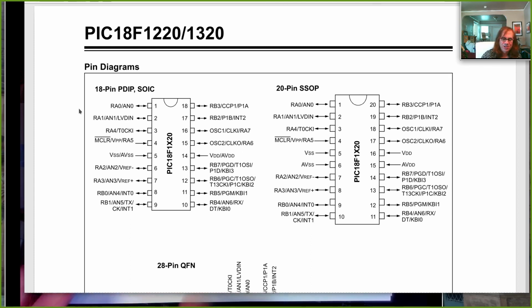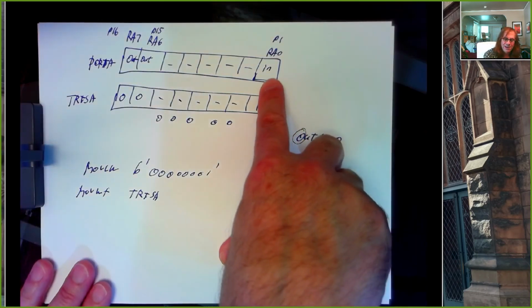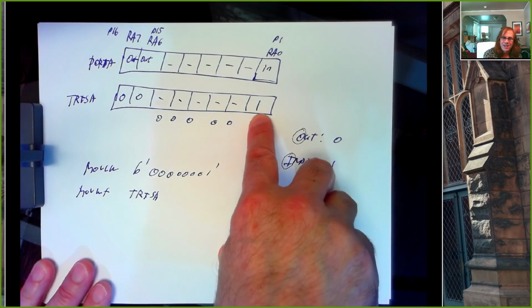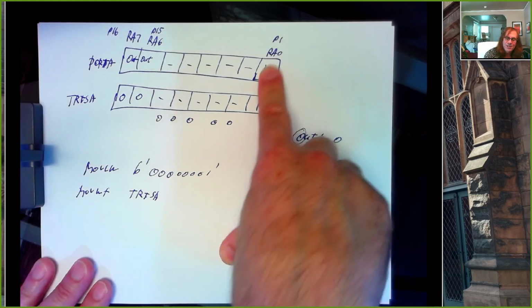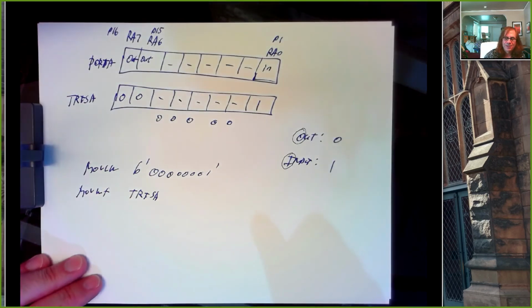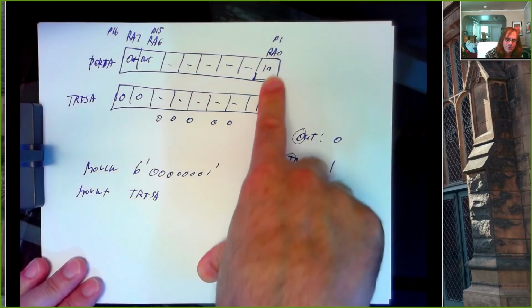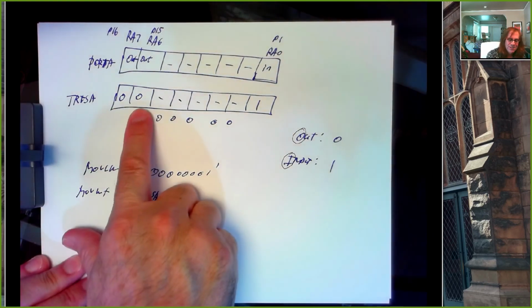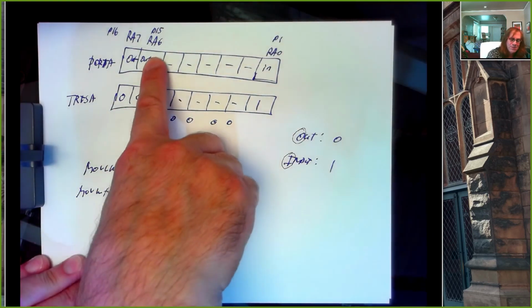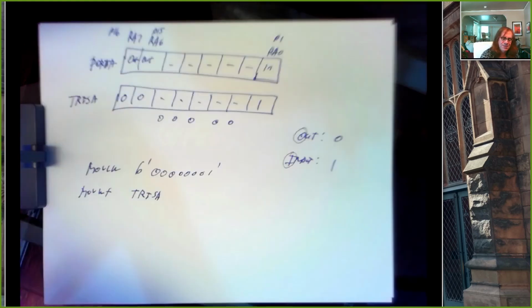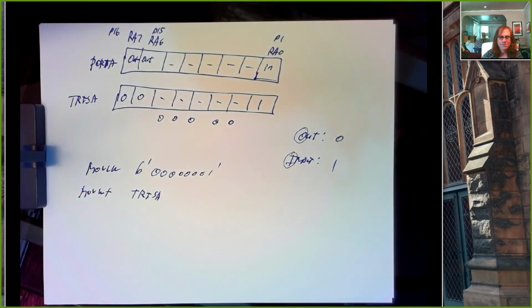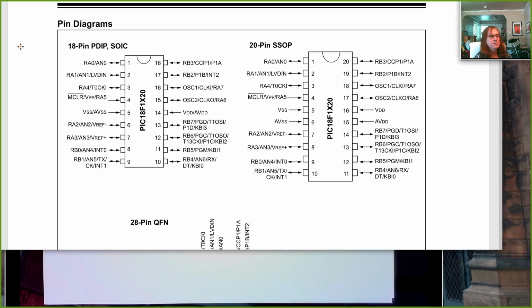If I set up this pin to be an output and put a 0 there, and I run it in MPLAB and hit the stimulus on here, it's not going to read from that stimulus value because this is set as an output, not an input. Or if I set these pins up as inputs and then try to write 1s into here, those 1s aren't going to go anywhere because these are set up as inputs, not outputs. So you can sort of see some of this in the simulation.